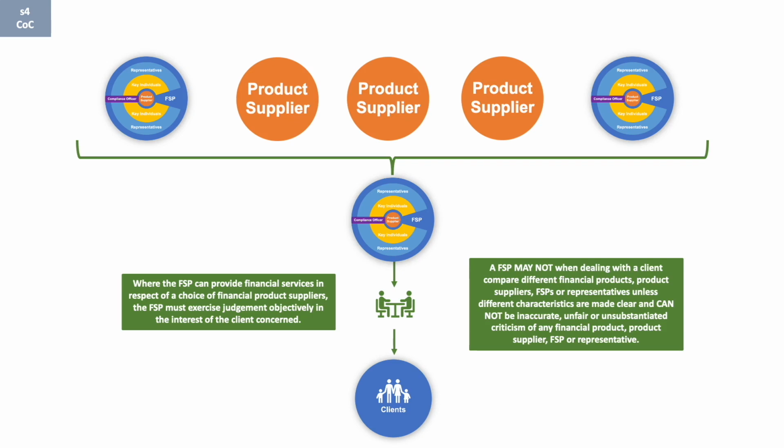So the code states that the FSP may not compare different financial products, product suppliers, product providers, FSPs and/or representatives unless the different characteristics are clearly made. It is important to note that if any comparisons are made, then they cannot and must not be inaccurate, unfair, or unsubstantiated criticism.